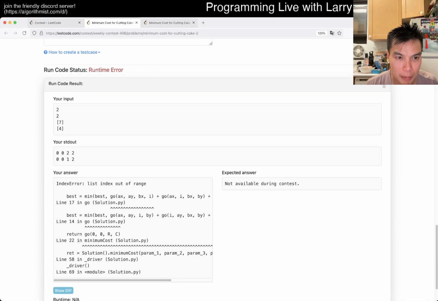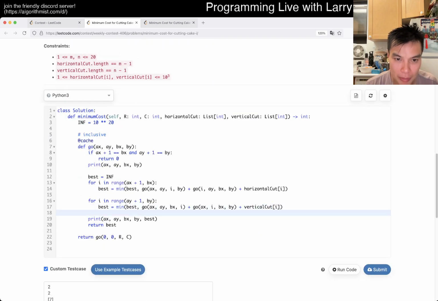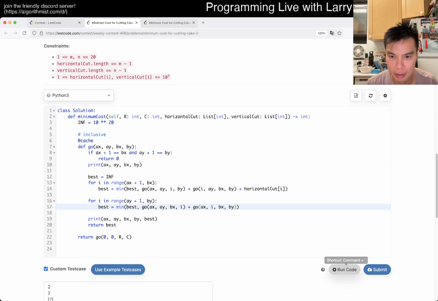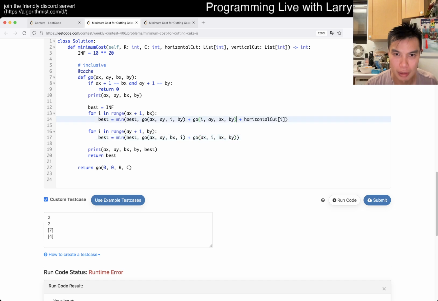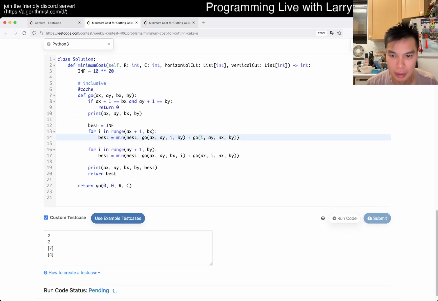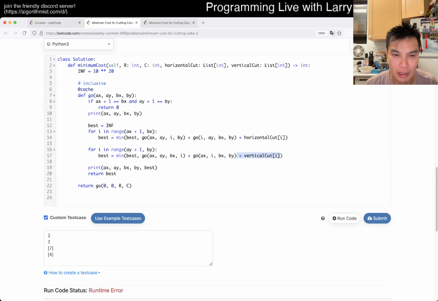What is our error report? Line 17. Well, I'm definitely forcing myself to be slow by not getting it. So, guess that's good. Feels right. Is it this part? And this part? No, you need to add those. So why is this wrong?